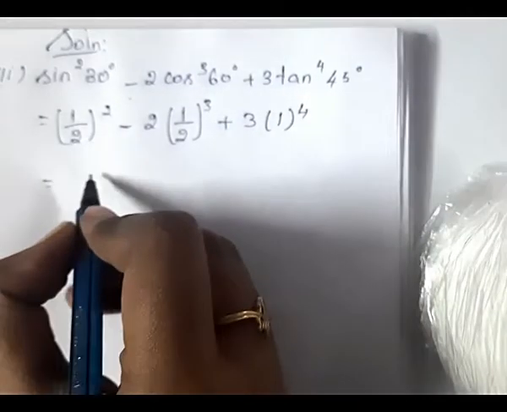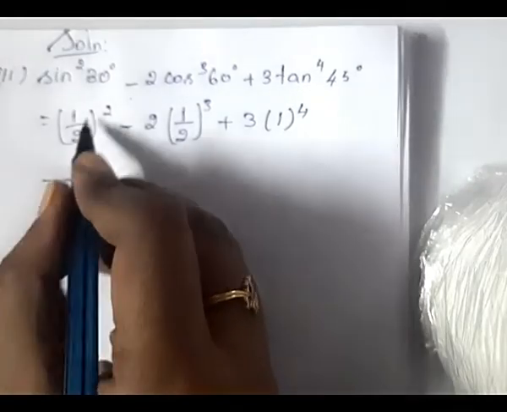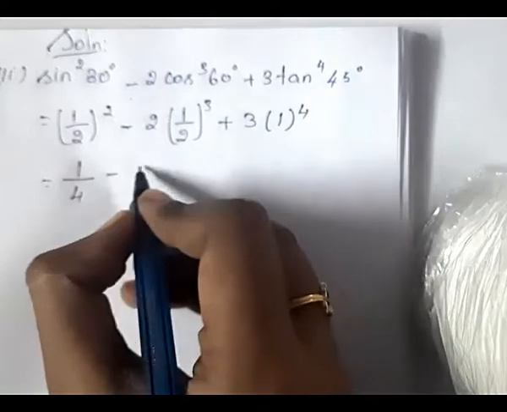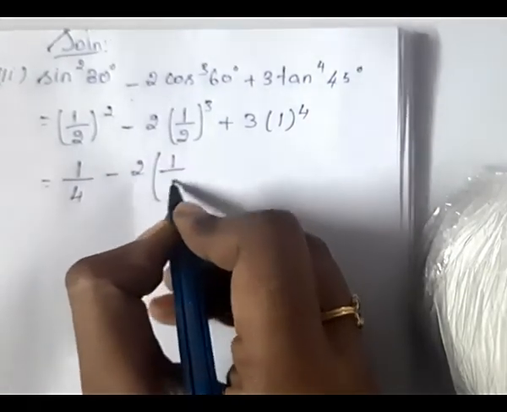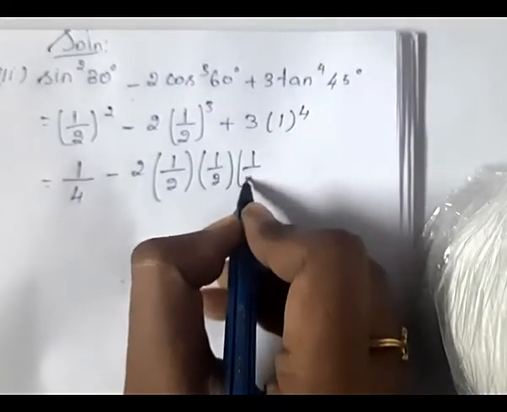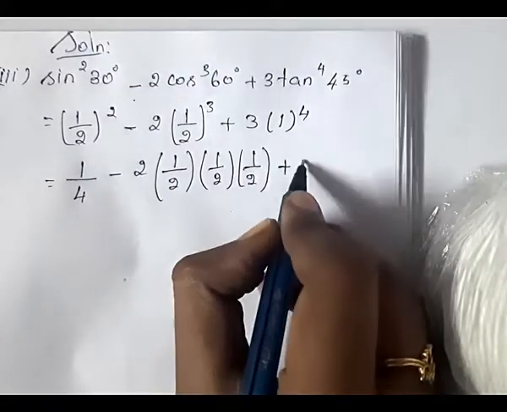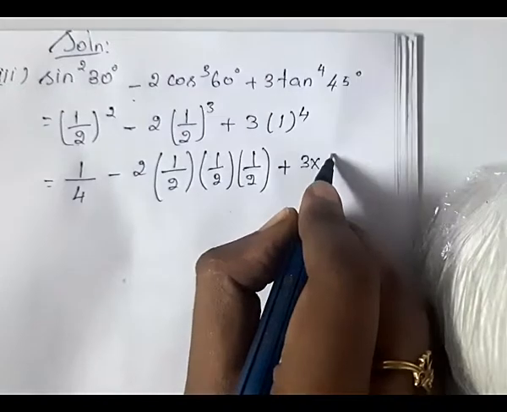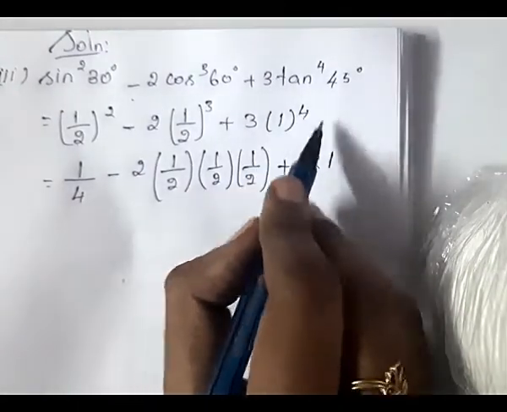So that is equal to 1 by 4, 2 square is 4, minus 2 into 1 by 2, 1 by 2, 1 by 2, 3 times, plus 3 into 1 power anything is 1. So 1 power 4 is 1, 1 power 5 is 1, 1 power 1000 is 1.